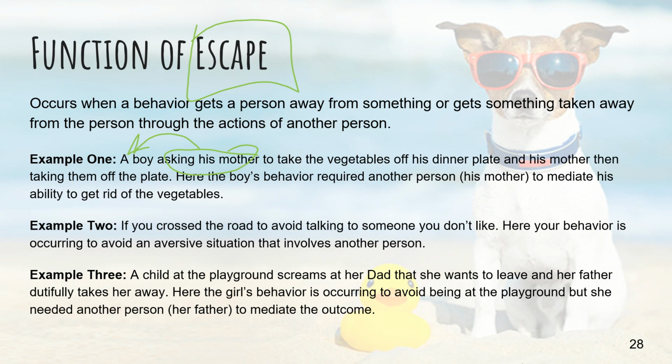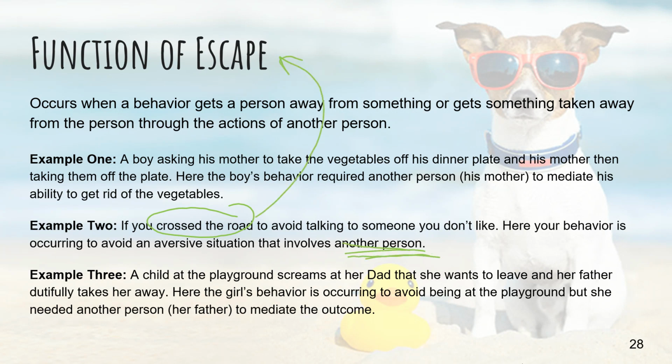If you cross the road and you're talking to somebody you don't like, so here the behavior is maybe you're walking down the street, you see somebody that you don't like approaching you, and you make a U-turn and you get out of that situation. You cross the street. Okay, so we're looking at a behavior of crossing the street, okay, that functions for escape from talking to that person that you don't want to talk to.